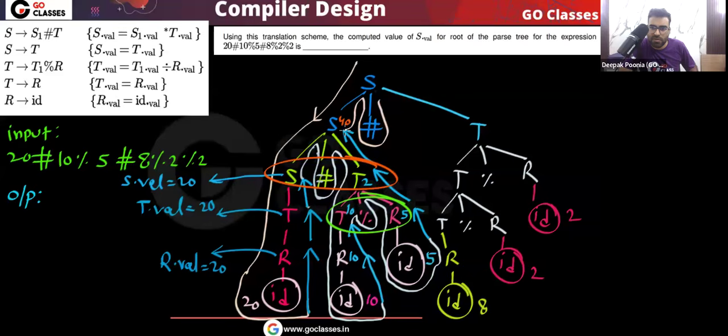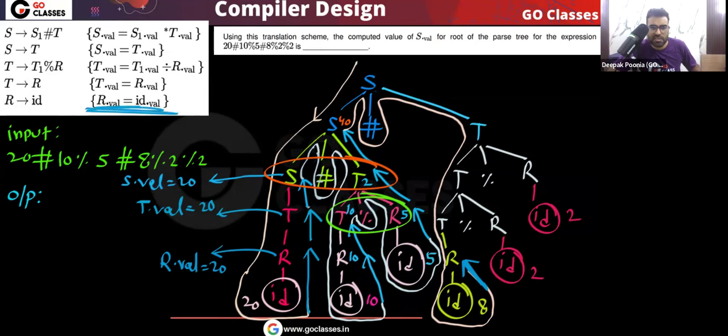I hope you understood the process. Just keep going until you find the next reduction. Now you can see we found our next reduction: id is reducing to r. Correct?